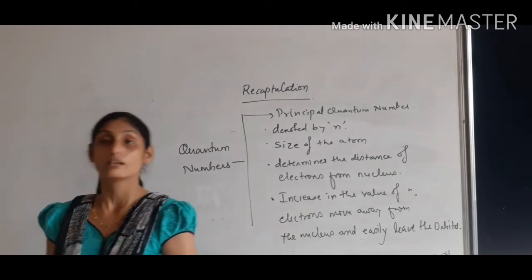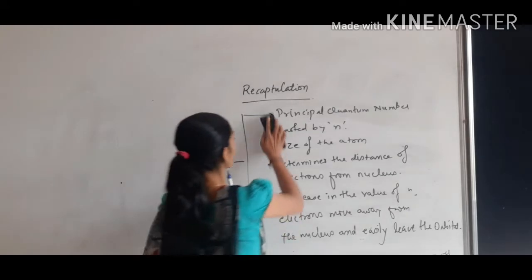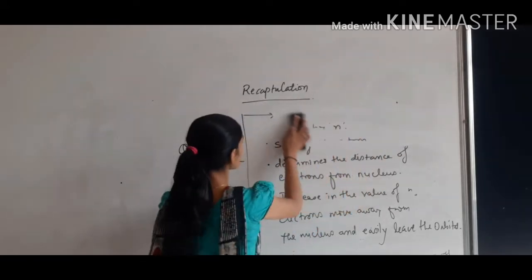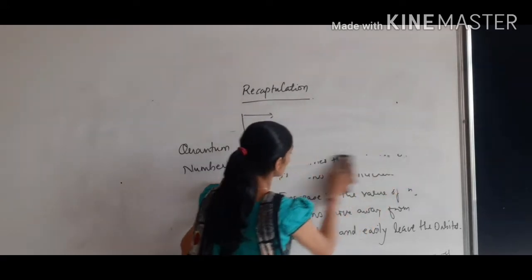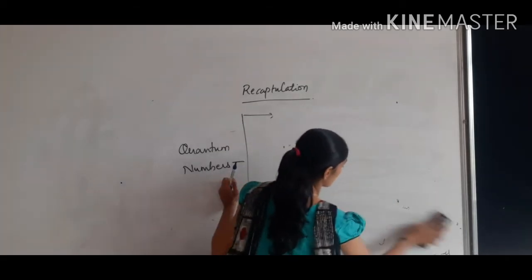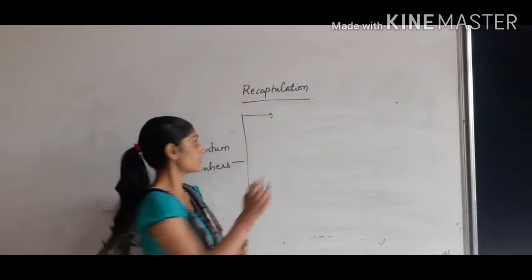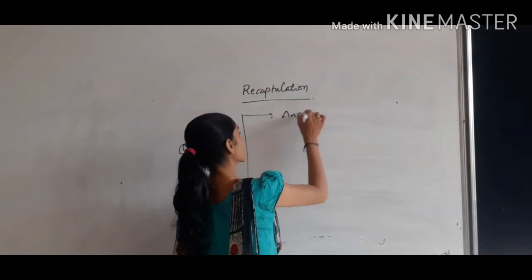The second quantum number which we have learned about, children, is the azimuthal or angular momentum quantum number.